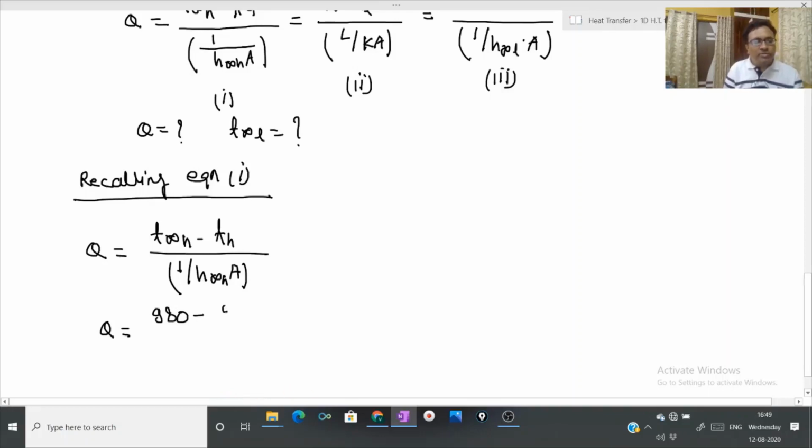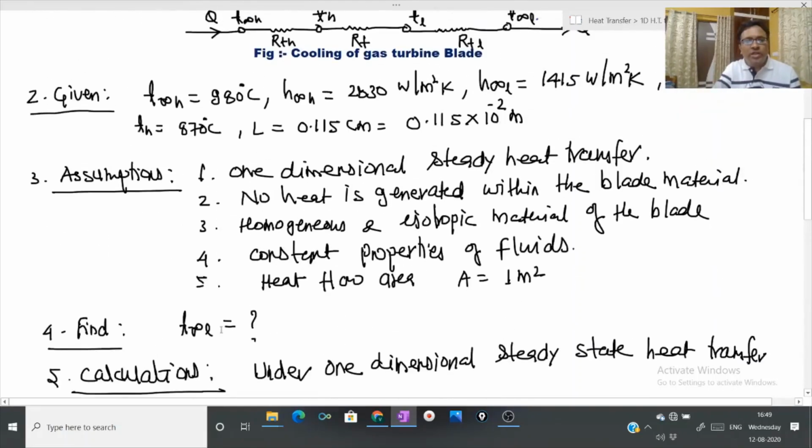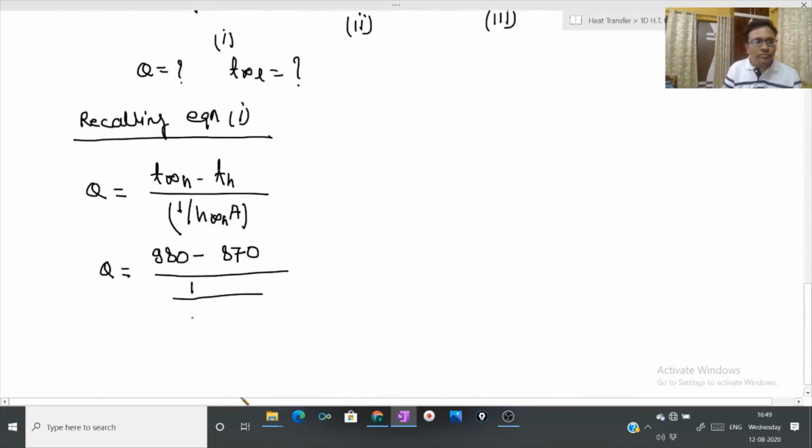Upper surface temperature of the turbine blade is 870, convective heat transfer coefficient of hot gas is 2830, and heat transfer area is A.